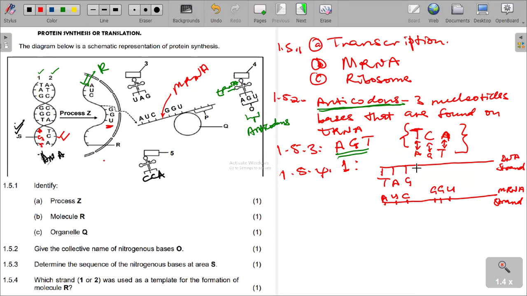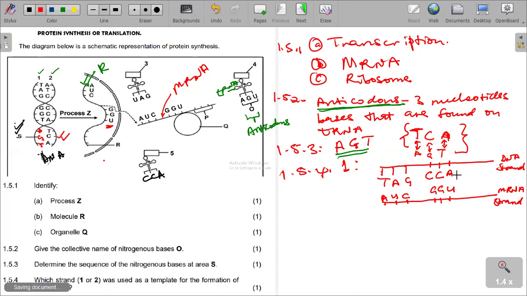Obviously, the complementary bases that must be found opposite to it must be C, C, what? Our complementary bases must be CCA. Just to see that this is the way the complementary pairing must take place.